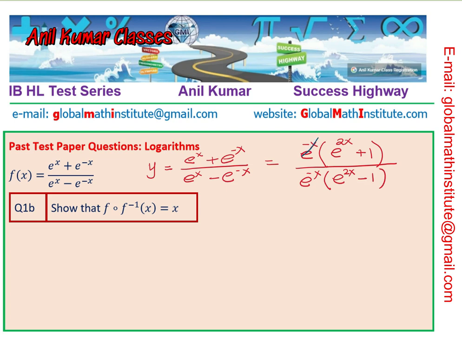Now e to the power of minus x will cancel, and therefore we can rewrite this as y equals e to the power of 2x plus 1 over e to the power of 2x minus 1. You see that? So we come to a simpler equation. I know the power is double now, but that can help you to find the inverse of the function.